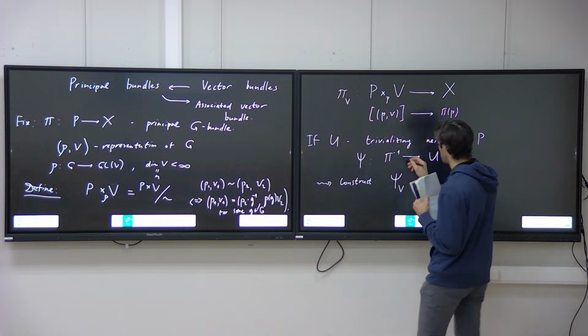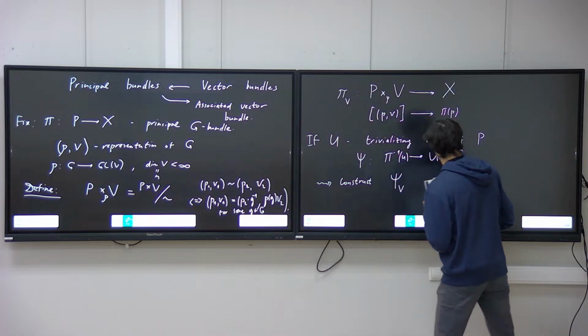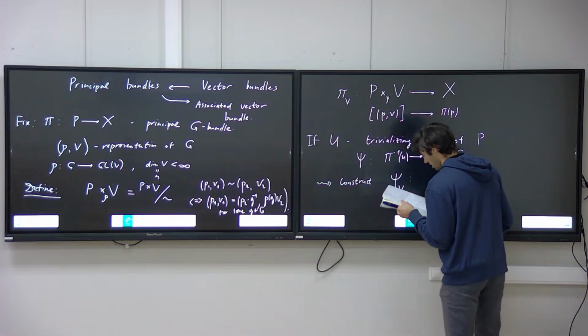Sorry, here it should be pi inverse of U, like this. So I need to construct psi v.